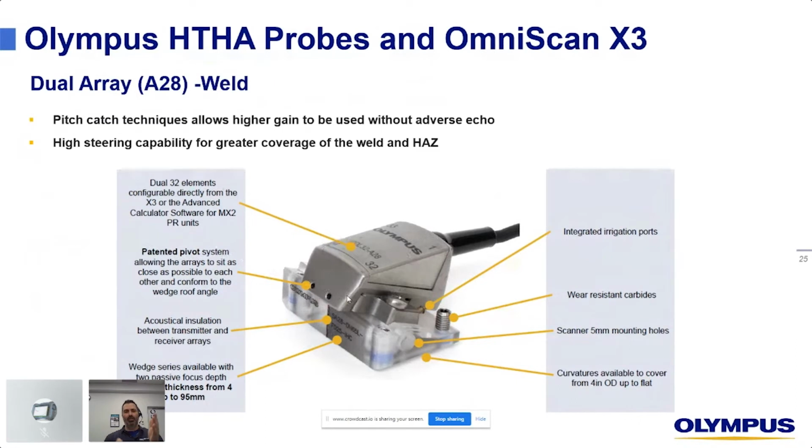Traditionally, those pitch and catch transducers use two separate casings or boxes basically screwed on the wedge, and that increases the gap between the two elements. By having all of this encased into a single probe, we can get them closer and have better acoustics.